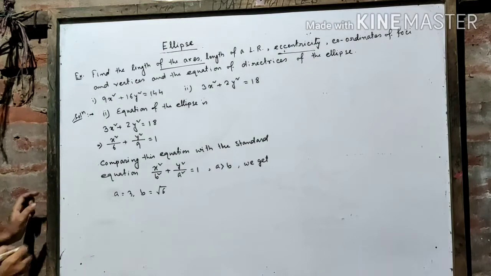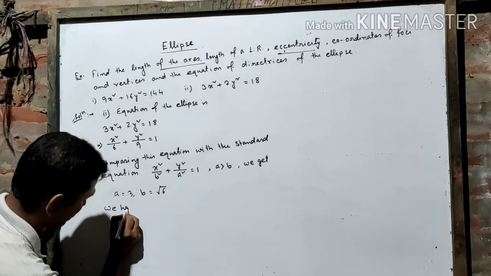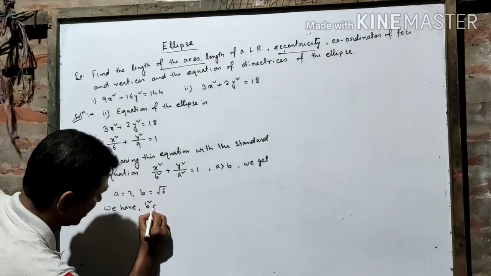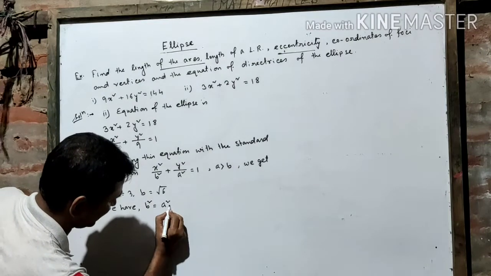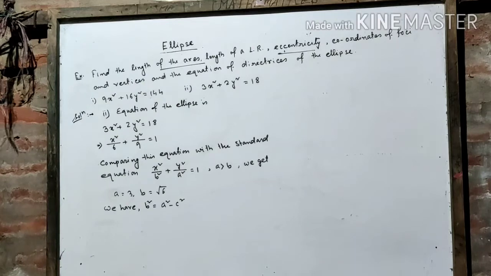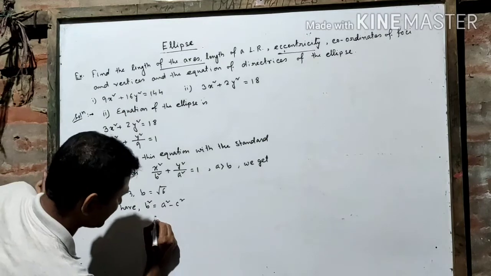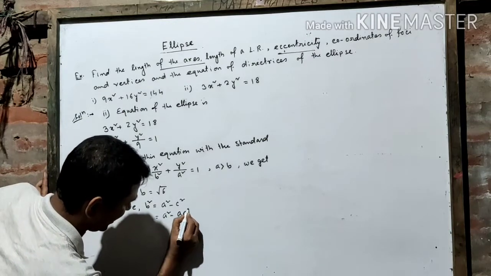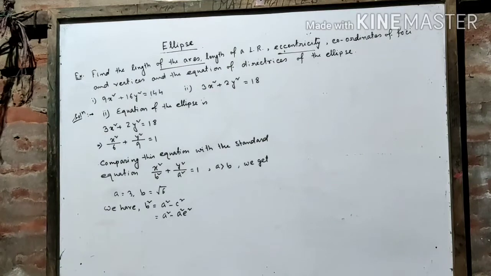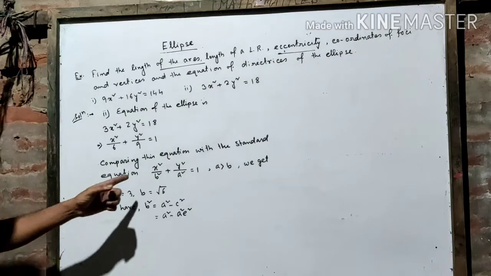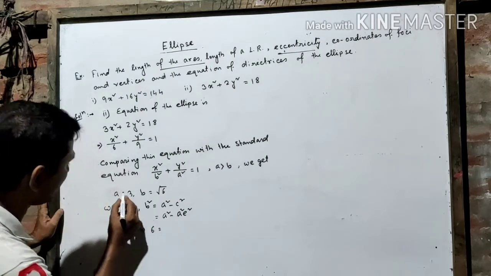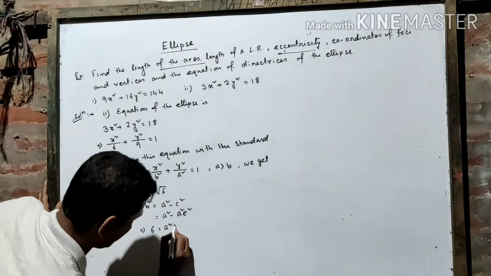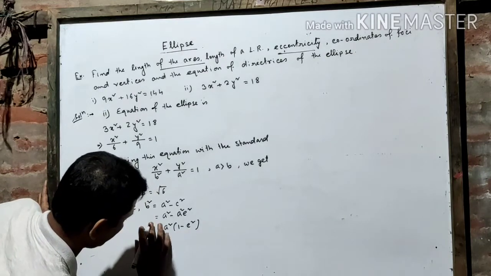We have b² = a² − c². And what is c? c is ae. So b² = a² − a²e². What is b²? Our b² is 6. You can take a² common. Next line we will put the values.